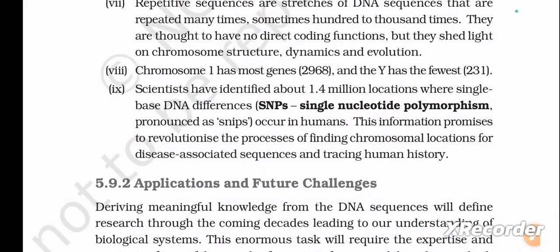Next, eighth point. Chromosome 1 has most genes, 2968, and the Y has the fewest, 231. Next, ninth point. Scientists have identified about 1.4 billion locations where single base DNA differences, SNPs, single nucleotide polymorphism, pronounced as SNPs, occur in humans.